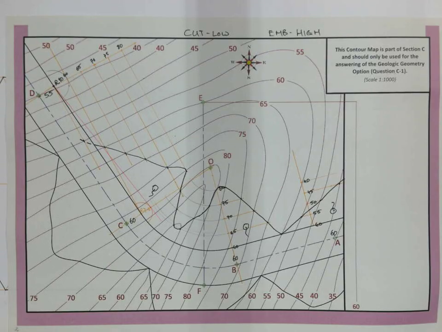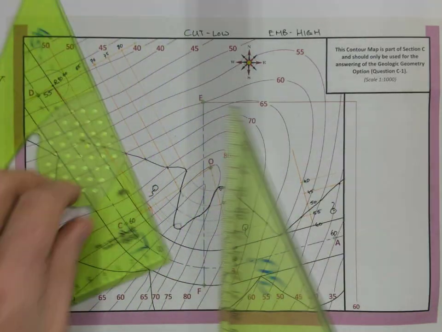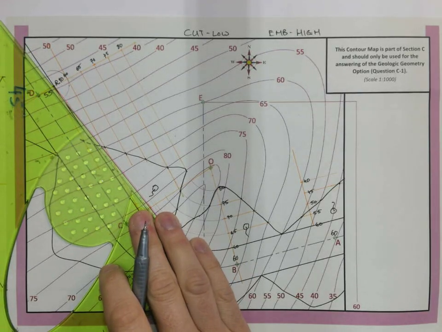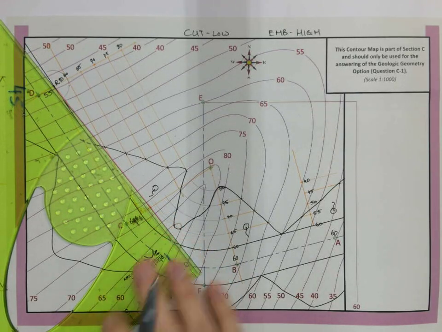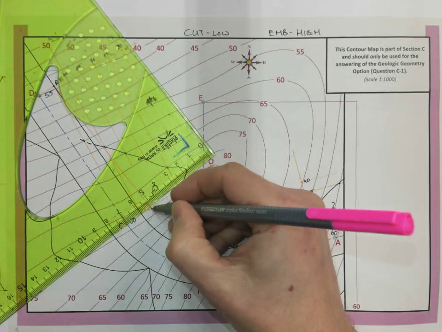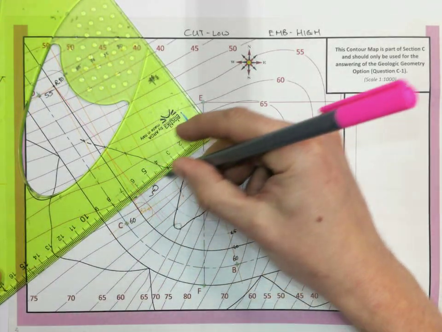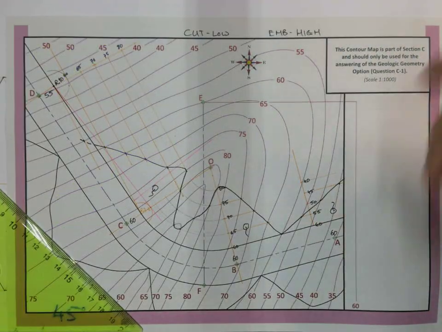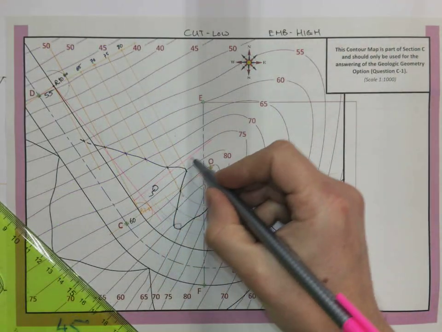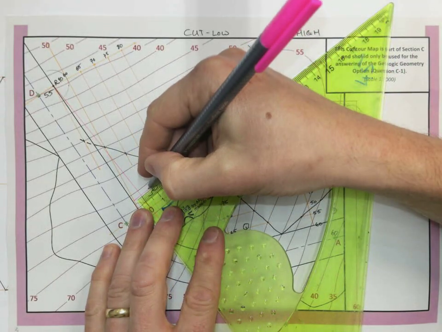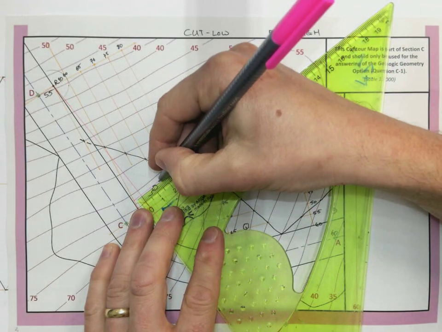I'm going to take a perpendicular construction now, going perpendicular to this pink construction line. And it doesn't matter where you draw your perpendicular. Okay, so I have my perpendicular construction line drawn. I'm going to measure out units of 7.5. So 7.5.